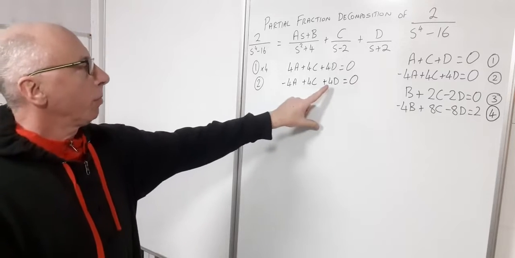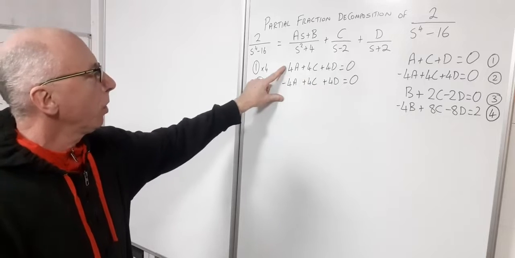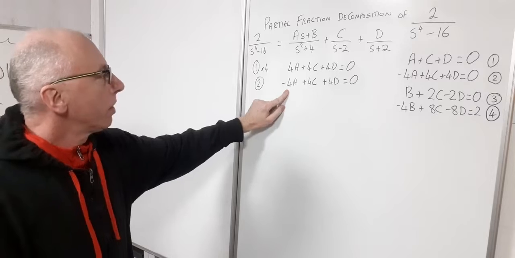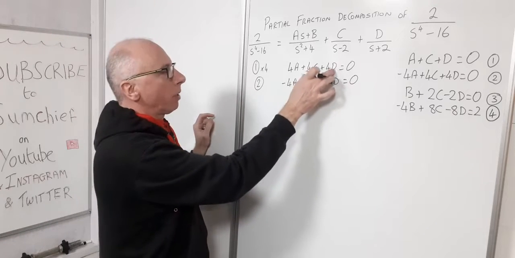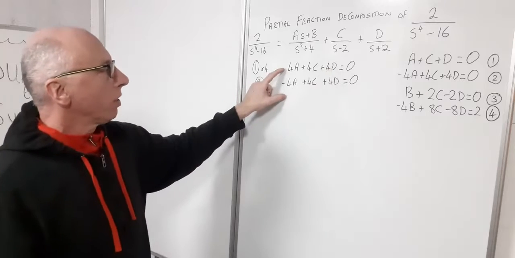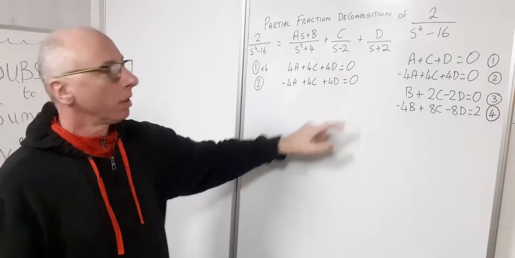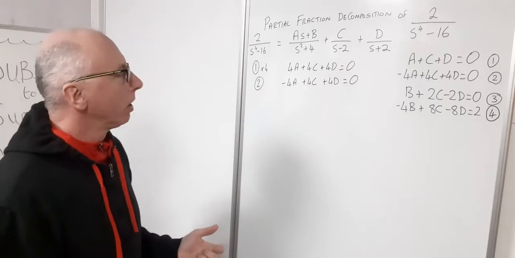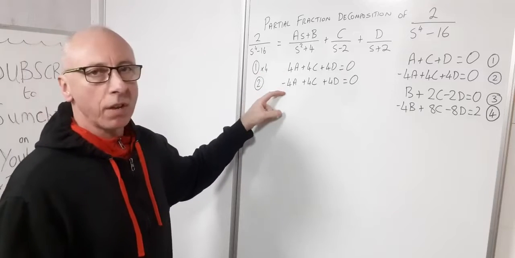Now I've got 4c plus 4d on both, and here I've got a plus 4a and a minus 4a. As these terms are the same in both equations, I've got a plus 4a and a minus 4a, both yielding a 0. So unless a, c and d are all 0, then my a terms here must definitely be 0.